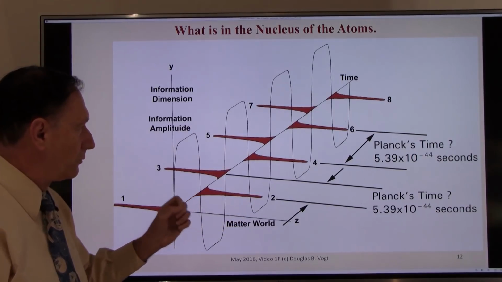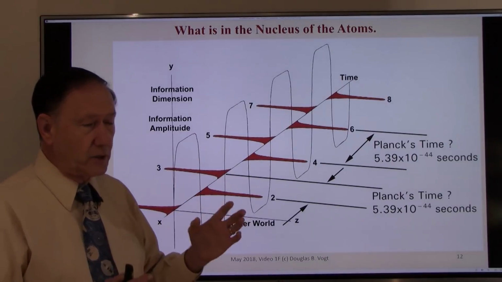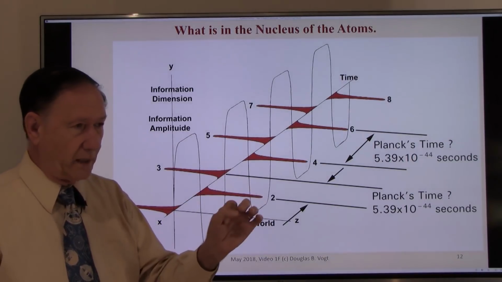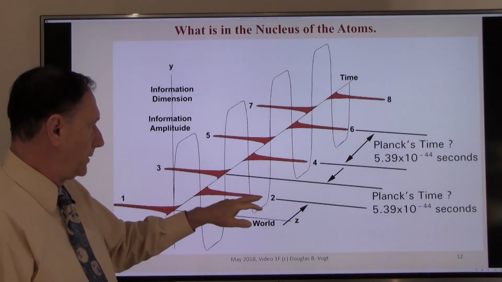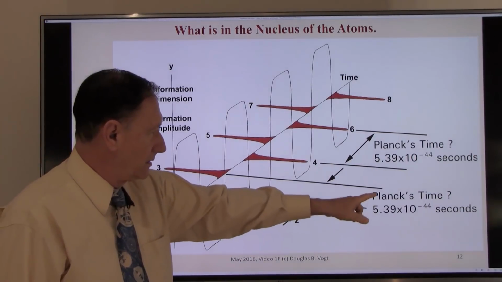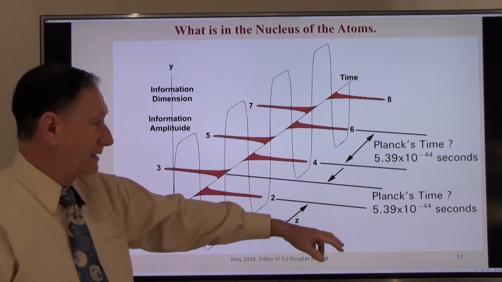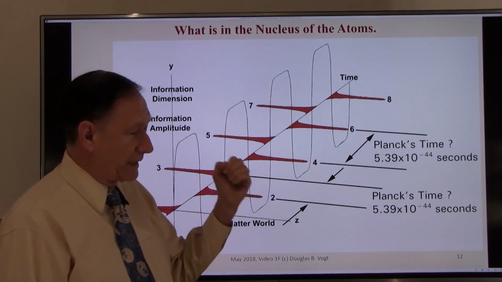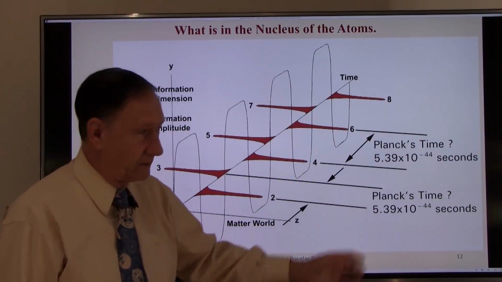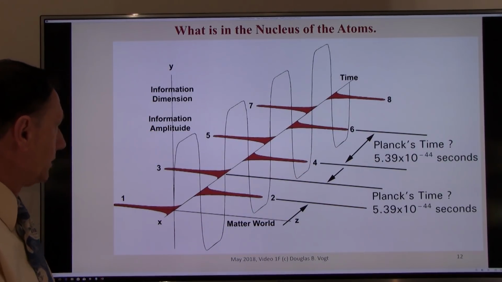So what they really then want to say is that the information is being directed to that point in time and space, and sometimes the information appears positive and sometimes it's negative. And it's based on this. If this is Planck's constant, which is 5.39 times 10 to the minus 44 seconds, which we can't even measure, it's more theoretical. Who knows if it's right? We'll just accept it as being right now.